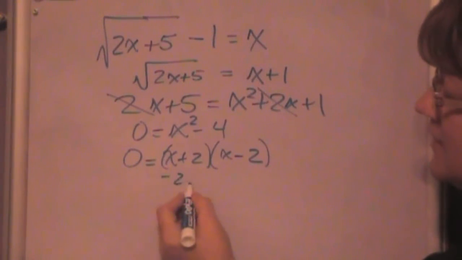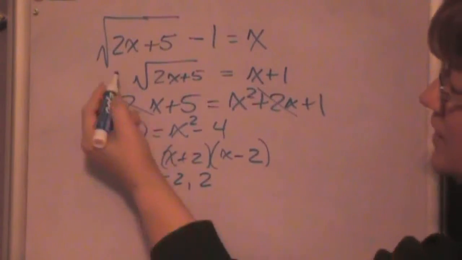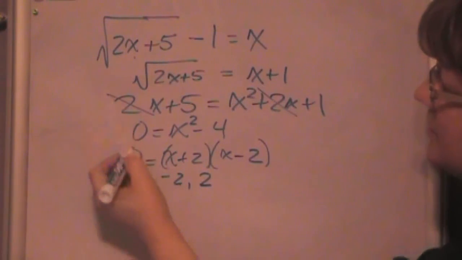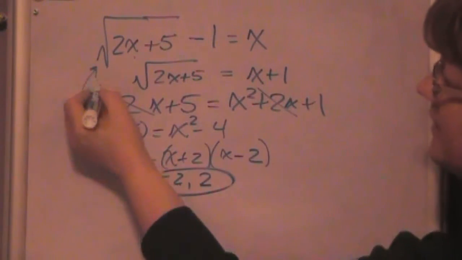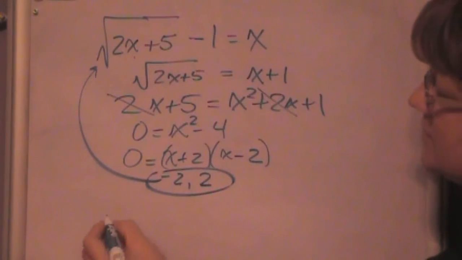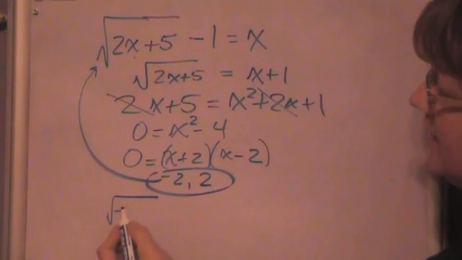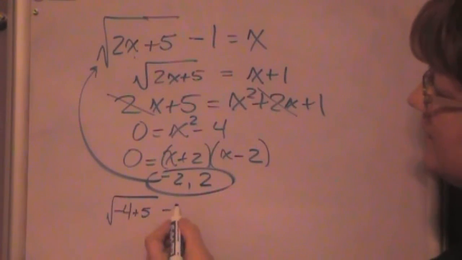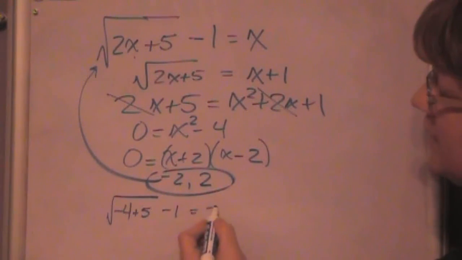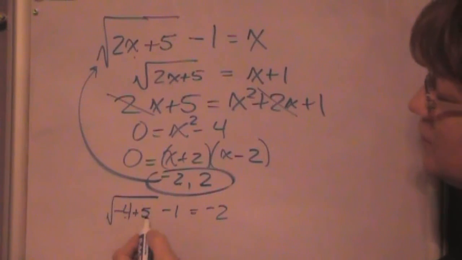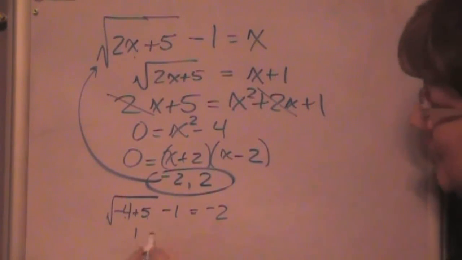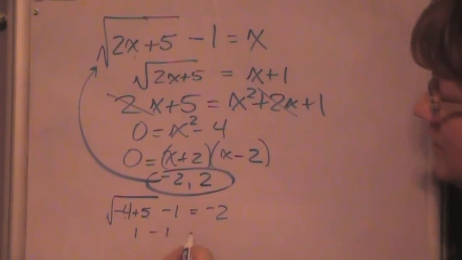So my answer is again negative 2, positive 2. Now we're going to put both of these back into the original equation and check them out. Is the square root of negative 4, which is the negative 2, plus 5 minus 1 equal to negative 2? Well, this is 1. Square root of 1 is 1 minus 1.